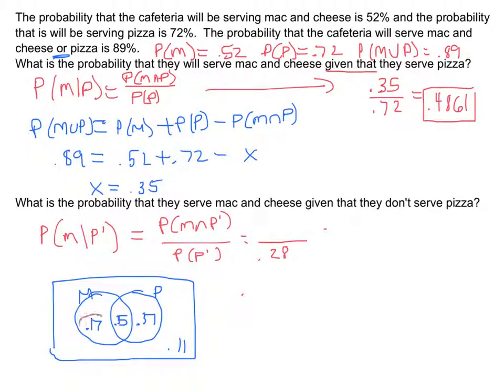This 0.17 is the stuff that's inside of M but not in P. And so that is the numerator that we want. When we do our division, we get 0.6071, and that is our final answer. So this is another good example where we use a Venn diagram in order to answer the problem.